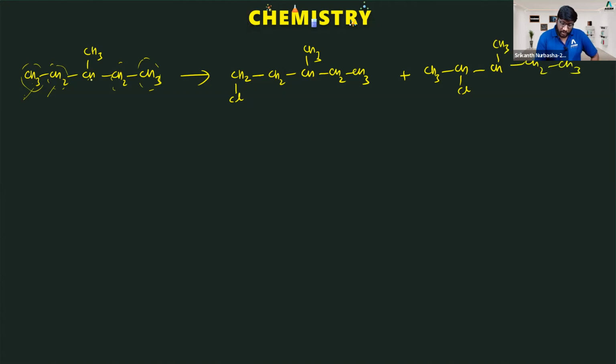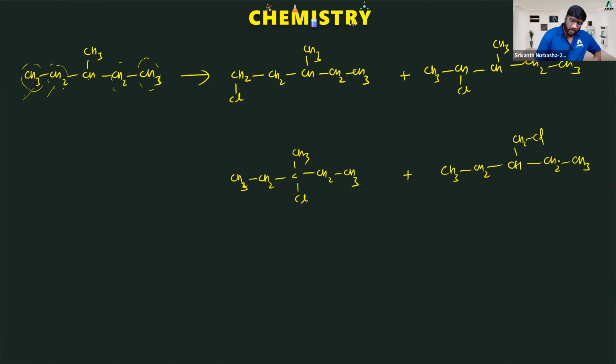I can also have substitution at the CH, giving CH3, CCl, CH2, CH3, and I can also have substitution at this methyl, leading to CH3, CH2, CH, CH2Cl, CH2, CH3. So how many compounds are obtained? Four. The total number of isomers.